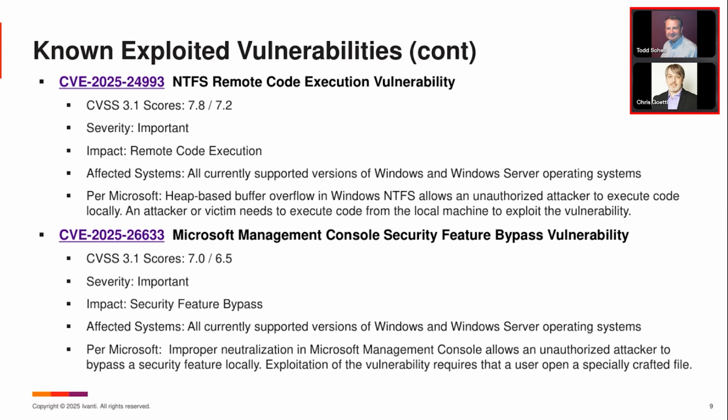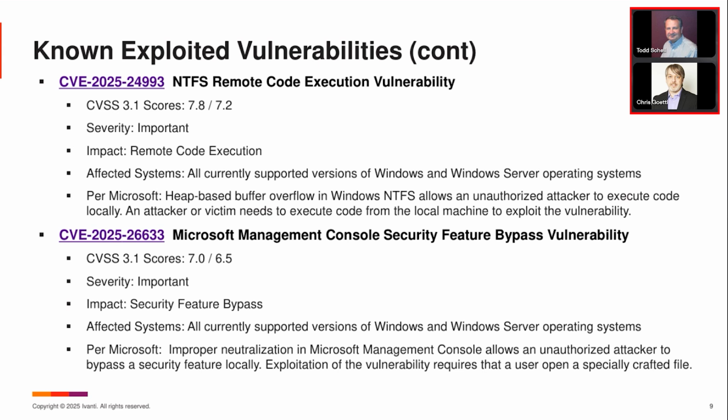And then we've got our NTFS remote code execution vulnerability, 7.8 CVSS score, rated important. Again, required a virtual hard disk to be mounted to be able to execute that. But if you've got another vulnerability that allows you to execute something on there, that could be the step before this that allowed you to mount that virtual disk and then exploit whatever remote code you were trying to do.